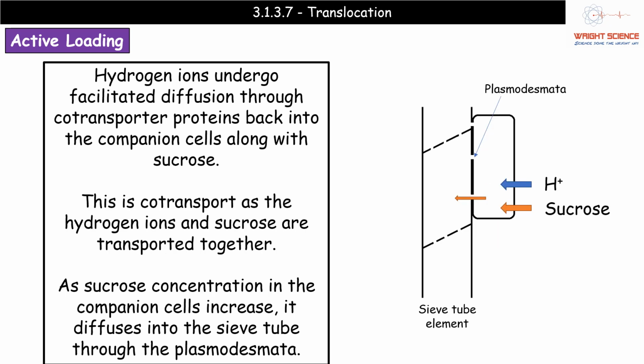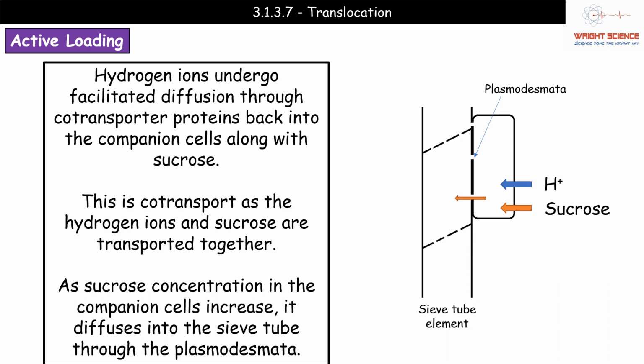The next thing that happens is those hydrogen ions are going to undergo facilitated diffusion through a co-transporter protein back into the companion cells. Remember, the phrase co-transporter means that we're going to be transporting two things together. The other thing we're going to transport in will be sucrose. So the hydrogen ions and the sucrose are going to go through those co-transporter proteins into our companion cell at that point.